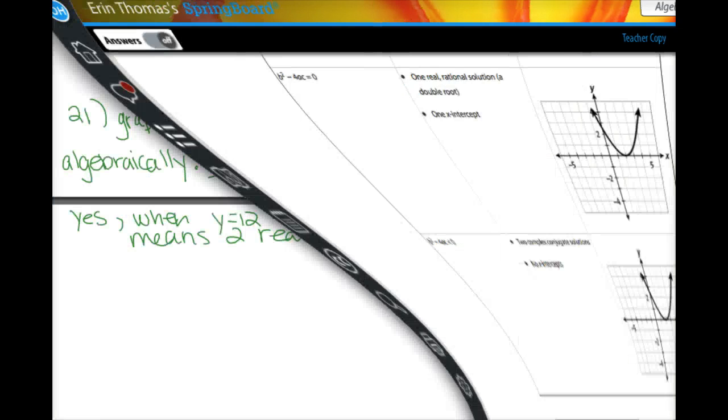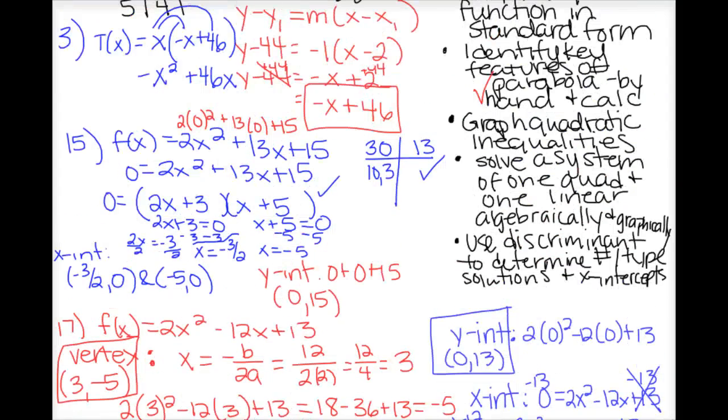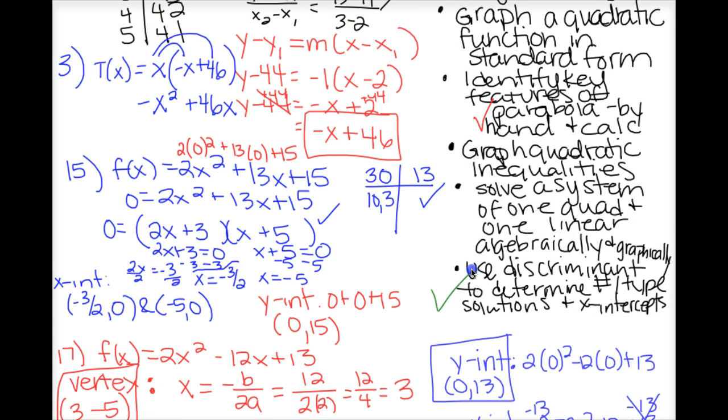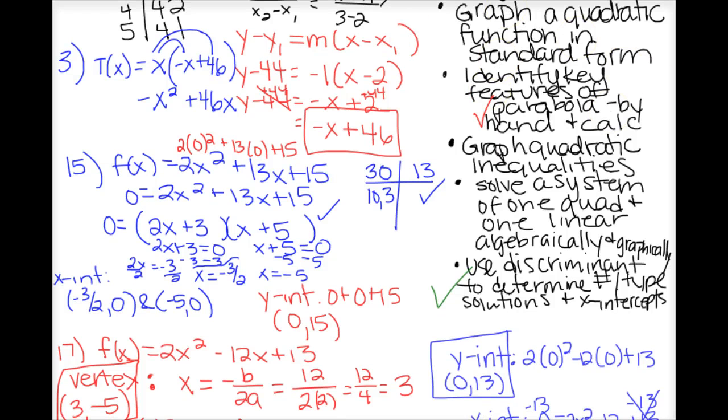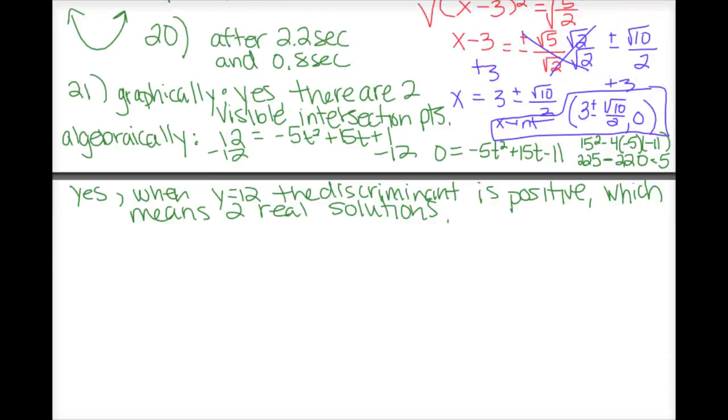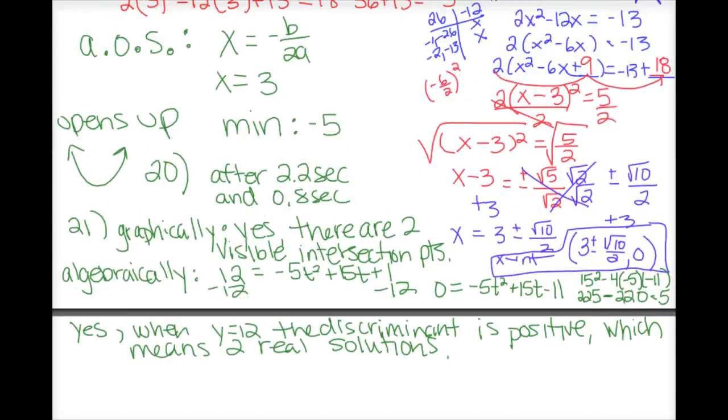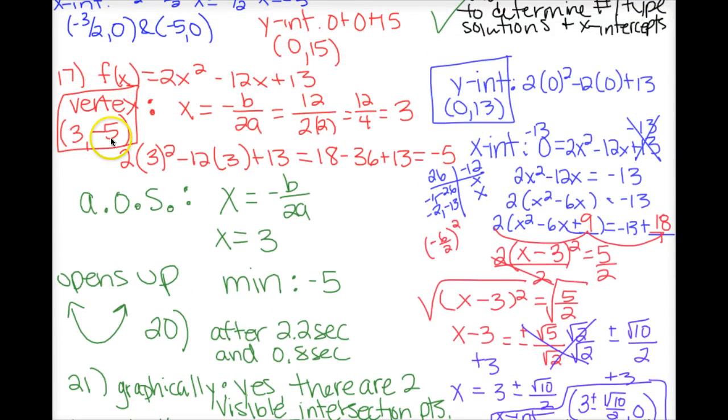So let's take a look at where we are as far as covering all the things. We used the discriminant. We have identified key features by hand. So now we just need to look at graphing a quadratic in standard form. We could do that by hand.